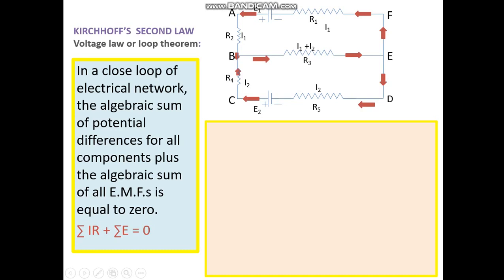Let us take an example of a circuit as shown: A, B, C, D, E, F, A. This is a closed network. So let us take this example and try to prove the law. But before that, let us see the sign convention.